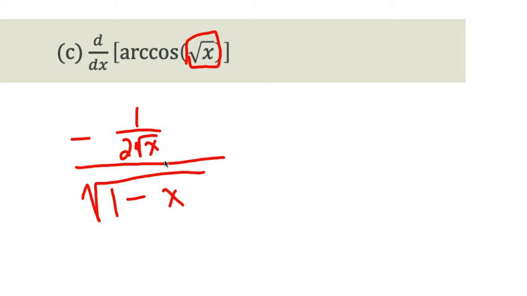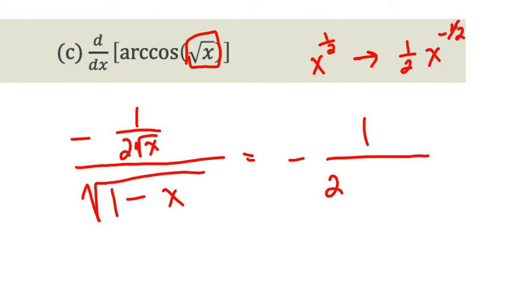If not, we pull that out to the side and we say x to the 1/2. And again, we're going to bring that out front. So 1/2 x to the 1/2 subtracted by 1 is x to the negative 1/2. So that's where we get that from. Now let's clean that up. This is negative 1 over, there's a 2 out front, the square root of x and this stuff are both under square roots, so we can say square root of x times 1 minus x.